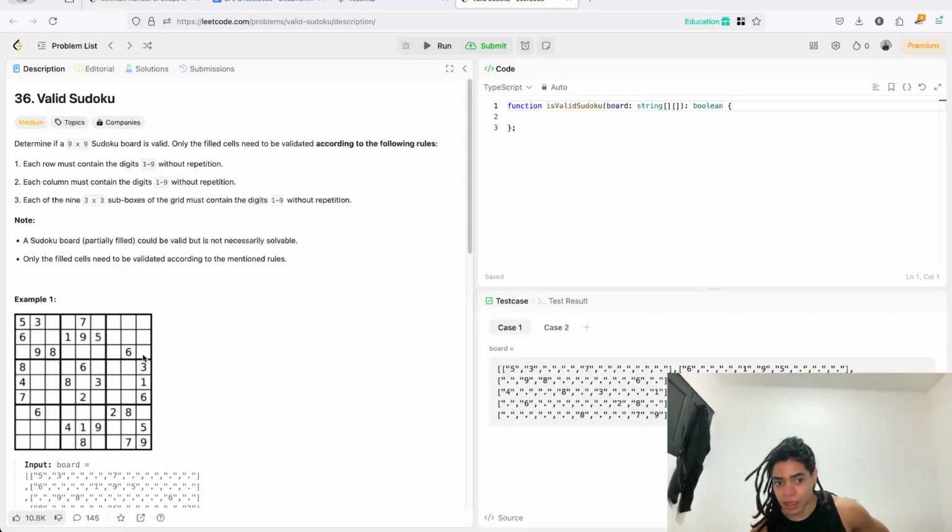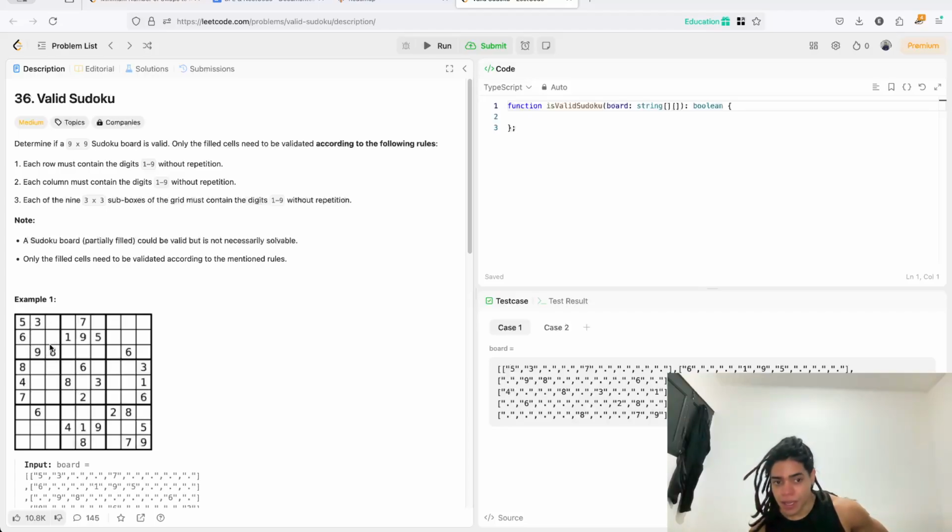So how can we do that? For the row, it's pretty simple. For the column, it's pretty simple as well. We can iterate through that, all right?